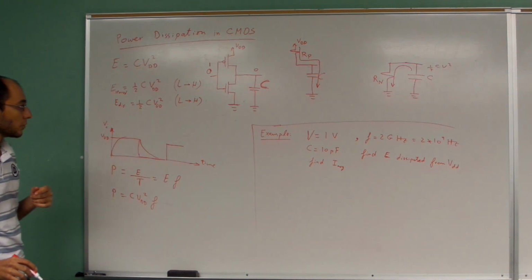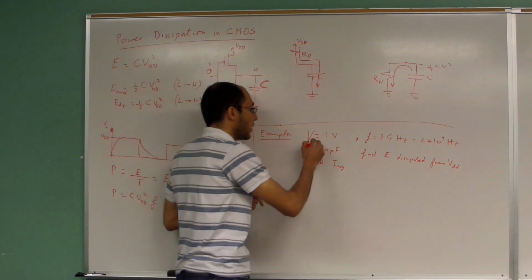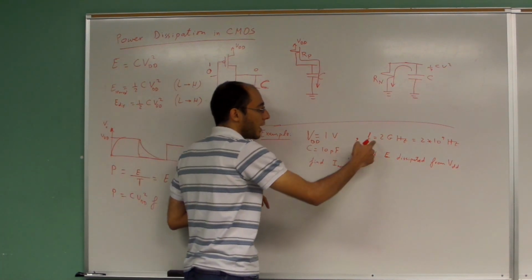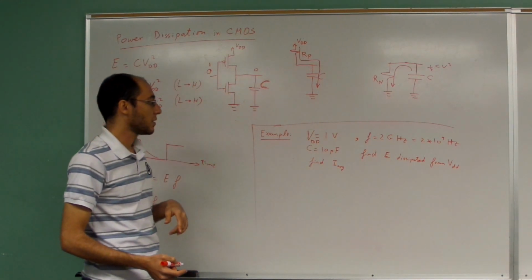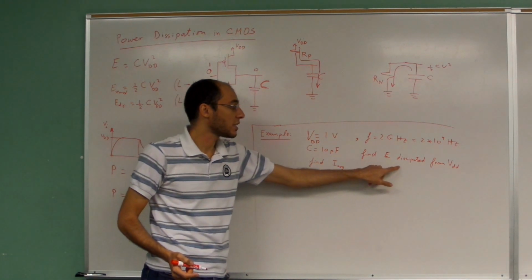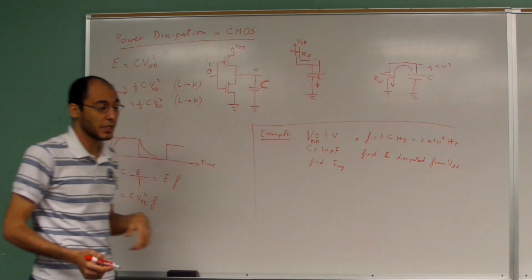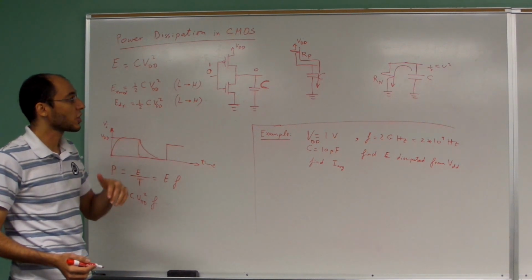Alright? So let's take an example. If you are given a voltage VDD equal to 1 volt, the frequency is 2 gigahertz, and the capacitor is 10 picofarads. Find the energy dissipated from the VDD, which is the same as the question of find the energy of charging and discharging.